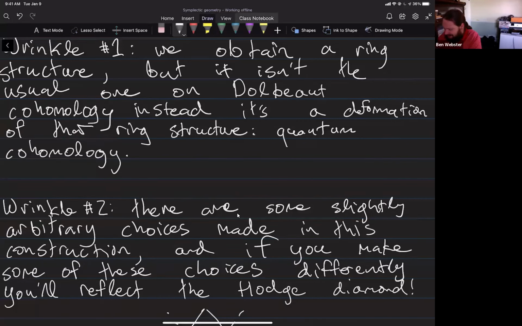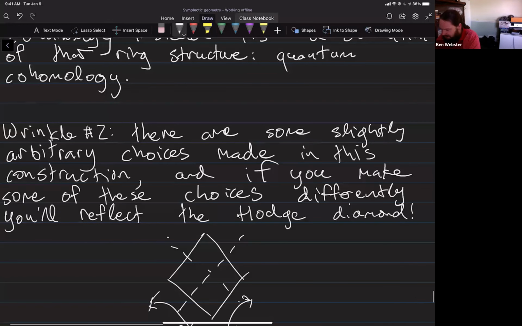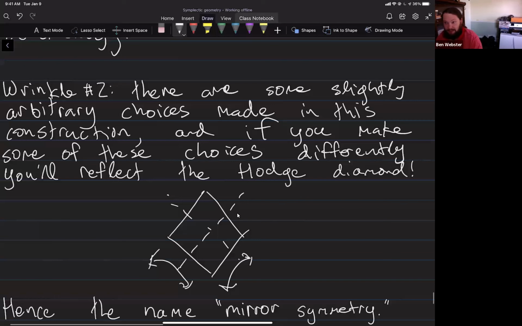Pretty arbitrary seeming things. And if you make those choices differently, you get a different Hodge diamond. You get a Hodge diamond that's reflected, so that because of the symmetries of the Hodge diamond, it doesn't matter whether you're reflecting through the northeast southwest line or the northwest southeast. But if I reflect through either one of these lines, I get a totally different Hodge diamond.